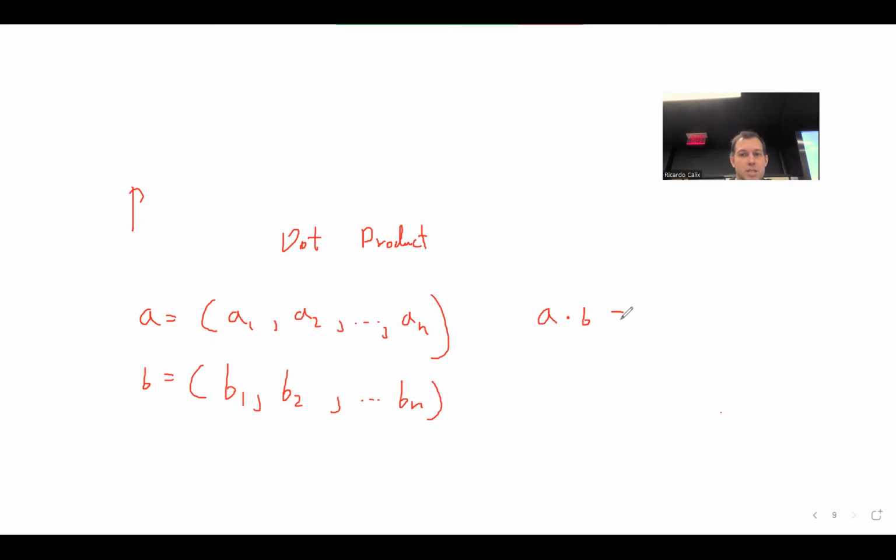Okay, so in this case, this is the specific operation which you will sometimes see written as the sum from i equals 1 to n of a_i times b_i, which basically should translate into, which is what we just did, A1 times B1 plus A2 times B2, dot, dot, dot, plus AN times BN.